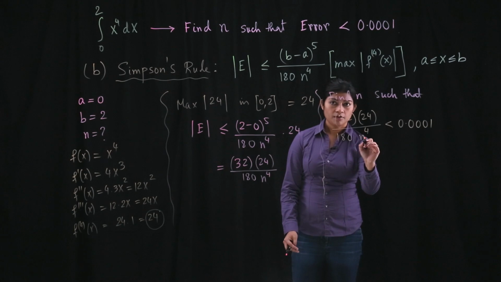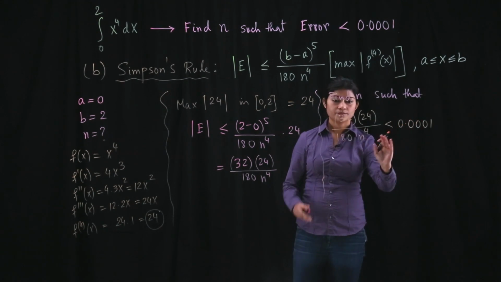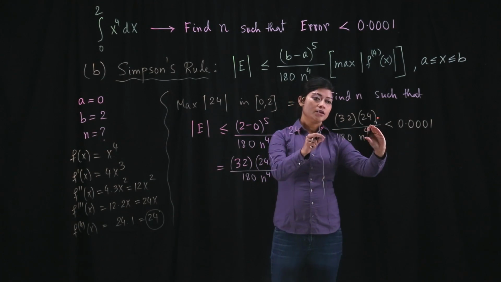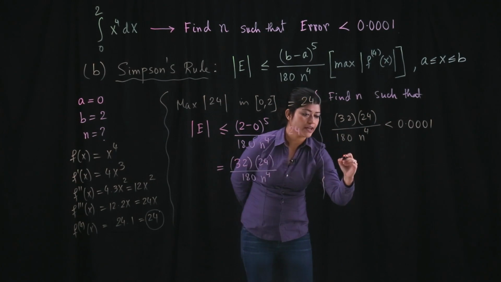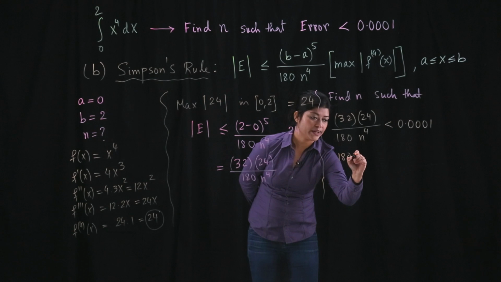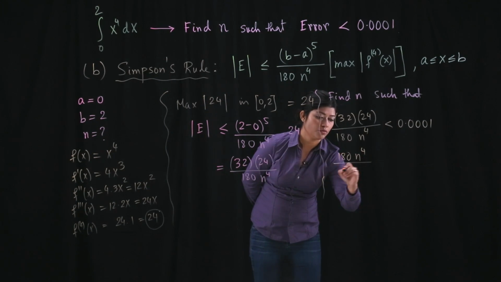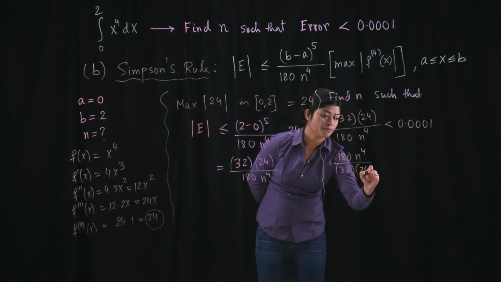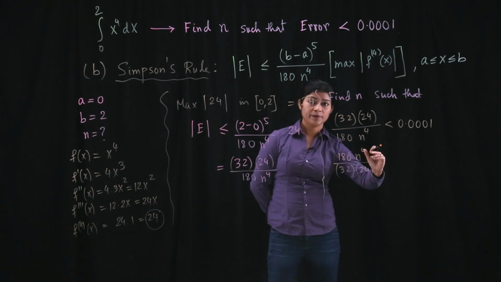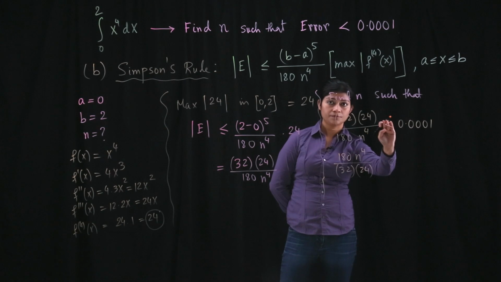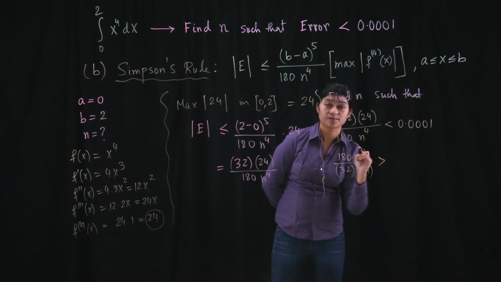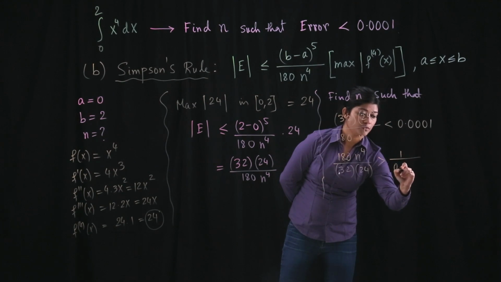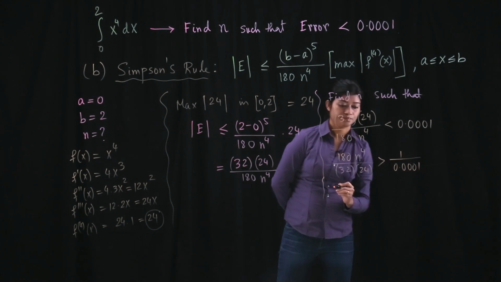So we just solve for n from this inequality. We will do it the same way we did in part A. So flip the left-hand side. We'll have 180 n to the 4 over this quantity, 32 times 24. And when you flip the fraction, you have to flip the inequality sign, so it becomes greater than. The other side is 1 over 0.0001.